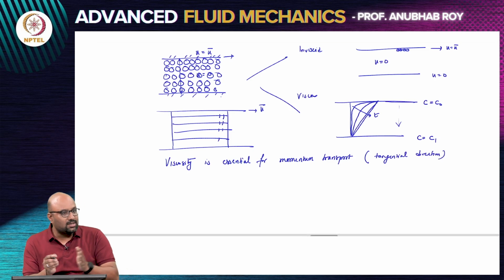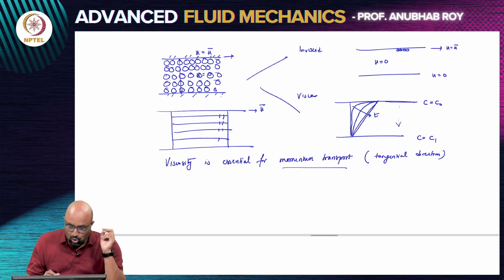When you are shearing surfaces, the only way that you can make layers move or set into motion is due to viscous effects. So, this is a crucial way for how you should be thinking of the role of viscosity in a fluid.